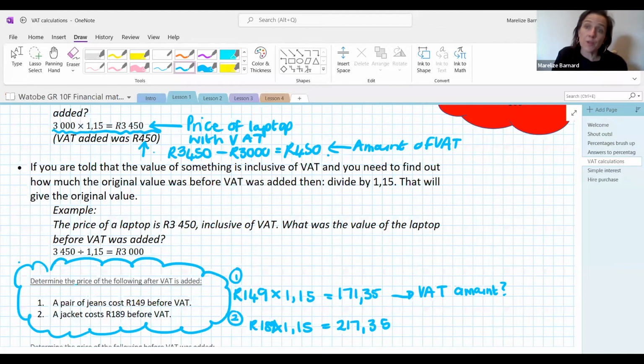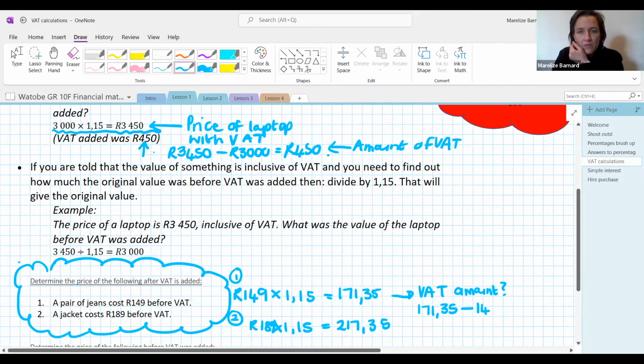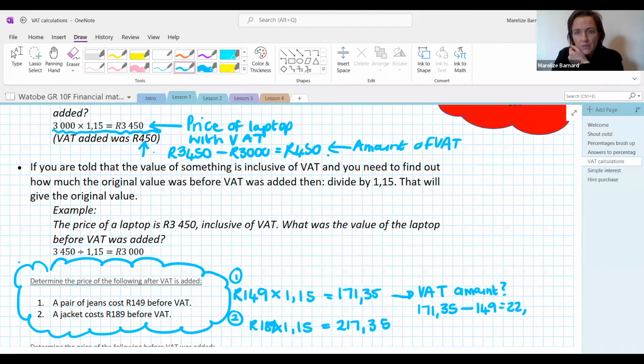Yeah, so we don't divide, we just check by how much has it increased actually in Rand. No, we are not dividing, guys. We've just done the first example, so just make sure you follow along and look in the right place, okay? So the VAT portion here is 171.35 minus 149, and that's 22.35.